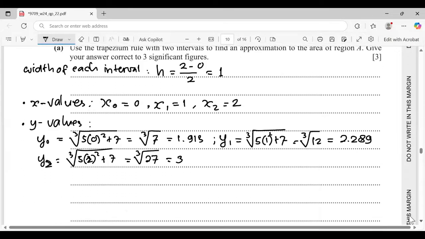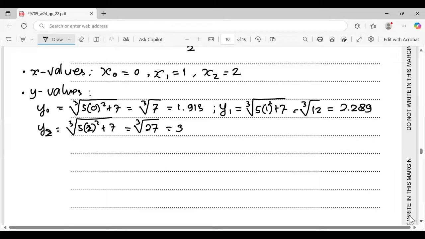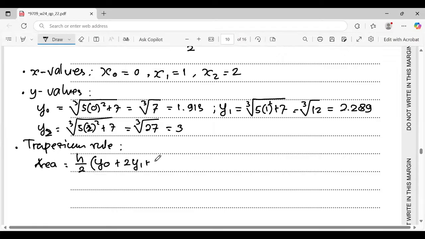All right. And after that, the next step, we're going to calculate the trapezium rule. Based on the trapezium rule, we're going to calculate the area: h half times y0 plus 2y1 plus y2.